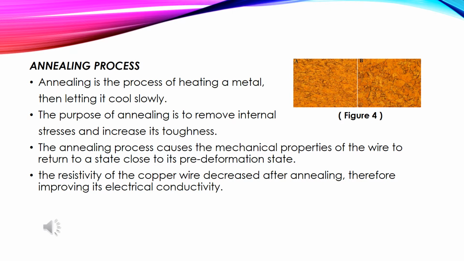For copper wire, recrystallization occurs after the first minute hold, equaling 9 minutes, at 260 degrees Celsius. The annealing process causes the mechanical properties of the wire to return to a state close to its pre-deformation state. In addition, the resistivity of the copper wire decreases after annealing, therefore improving its electrical conductivity.